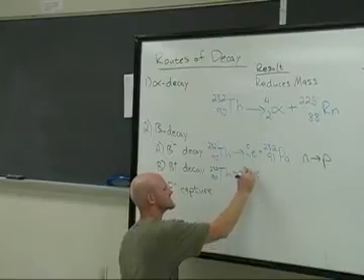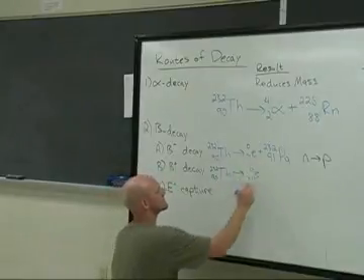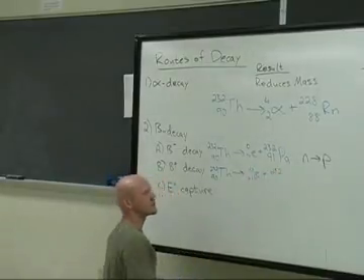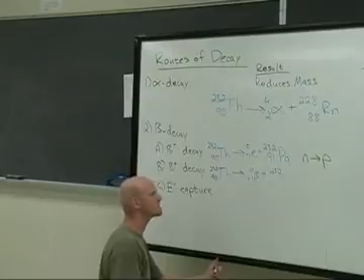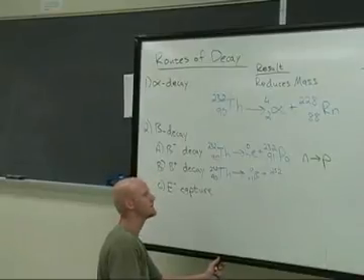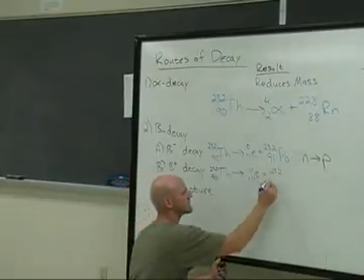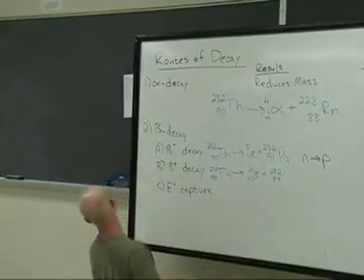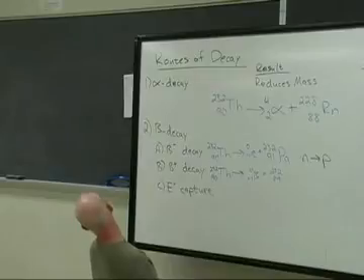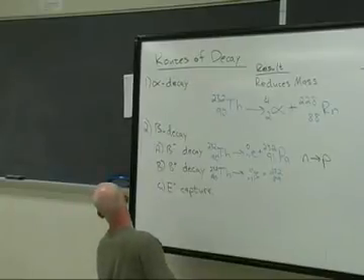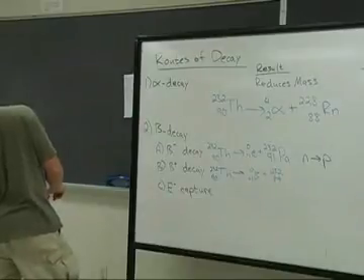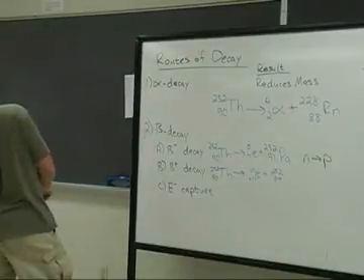I'll use the beta here just to show both. Mass is still going to be 232 for our daughter nucleus. What's going to be the atomic number? 89 this time. And what's atomic number 89? Ac.